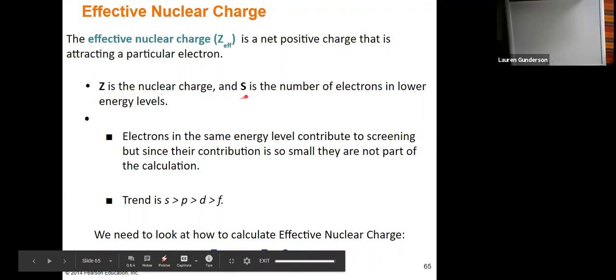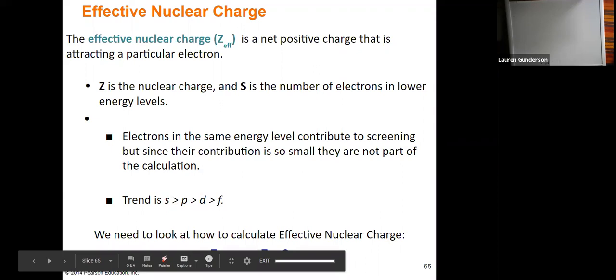S is going to be the number of electrons in lower energy levels, or the number of core electrons. You're going to notice that your general trend in terms of shielding is that S is greater than P is greater than D. We talked about that before as to why certain things are going to screen more than others, or things are going to be shielded less than others. And it has to do with how close they are to the nucleus.